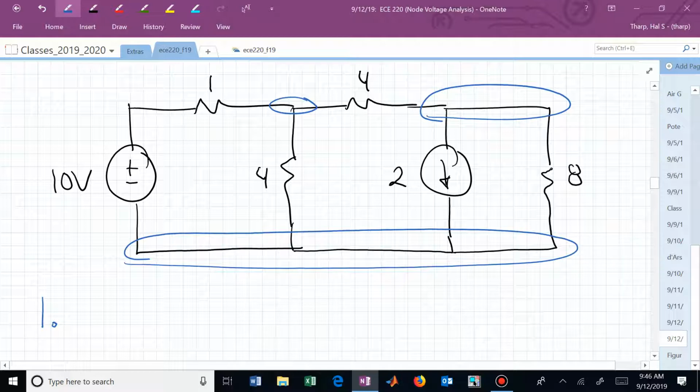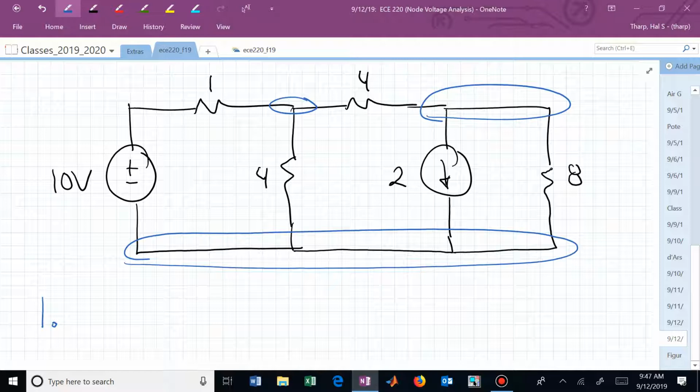How many essential nodes did we identify? 3. We need to pick one of those as our reference. In the lab, you were supposed to have a red cable and a black cable. The black cable usually is the common, or the ground, and the red is the one that you're measuring things with respect to the black.